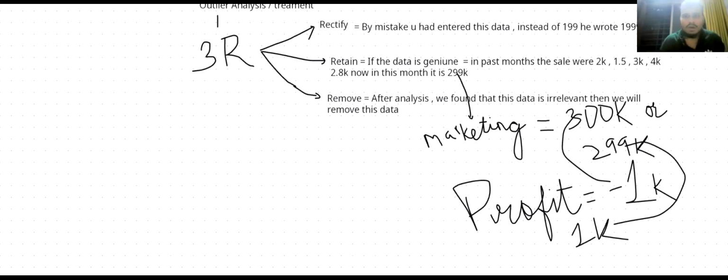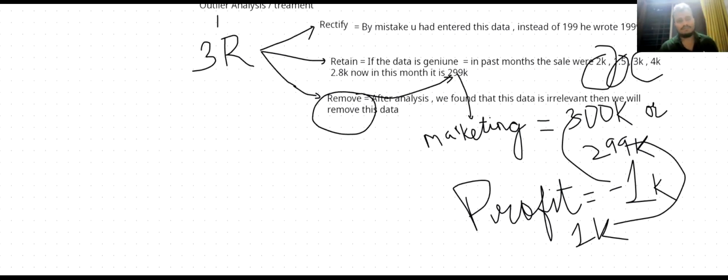No, this doesn't work. In the past months I was getting profit of 2K, 1.5K, 3K, 2.8K. But right now, you have spent 300K on marketing and the sales was only 299K. So deep down, somewhere it is wrong. So we will remove this data. Again, how did we remove it? We found this upon analysis. This data should be removed.